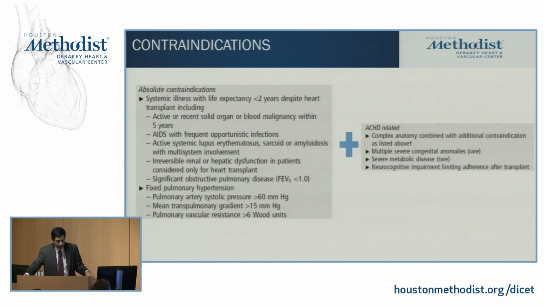So what are the contraindications? Because you want to catch them before some of these contraindications occur. Some of the contraindications are really associated with other life-limiting conditions, such as cancer, AIDS, active lupus, or multisystem amyloid.